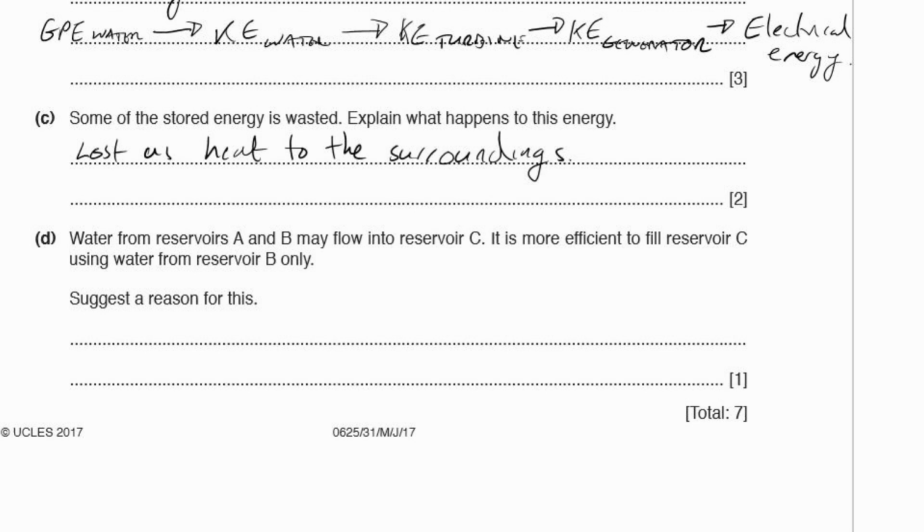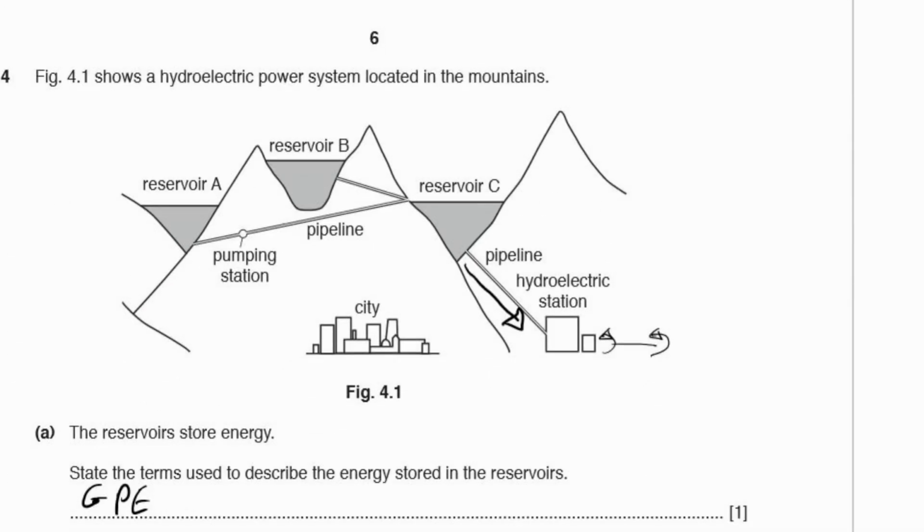Water from reservoirs A and B may flow into C. It is more efficient to fill reservoir C using water from reservoir B only. Suggest a reason for this. Well, let's have a quick look at them. Why use B and not A? If I use A, I have to actually pump the water upwards. If I use B, it's already above. I just open the valve and it fills reservoir C up. Much easier.